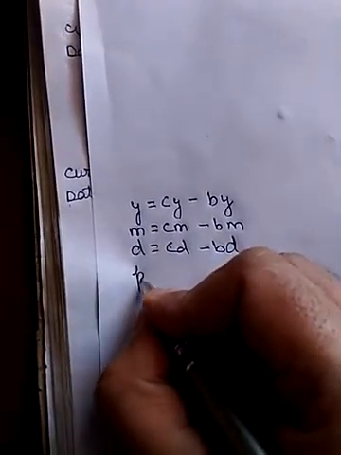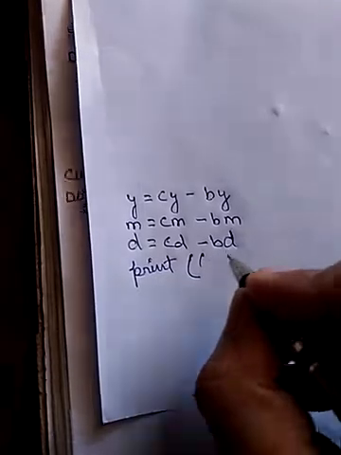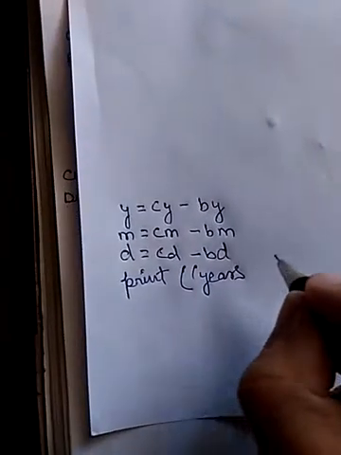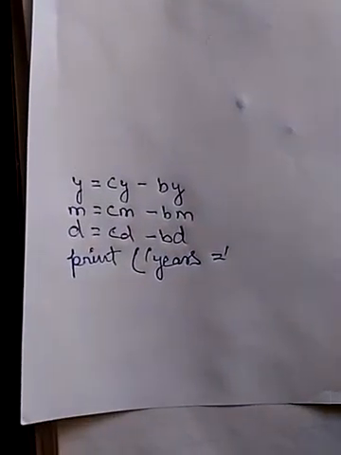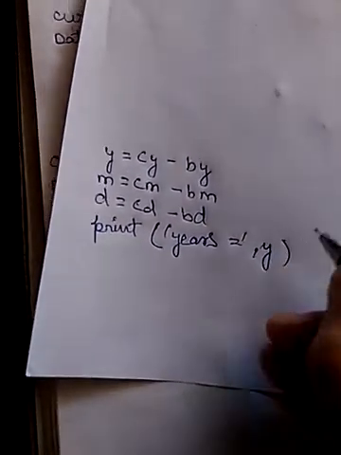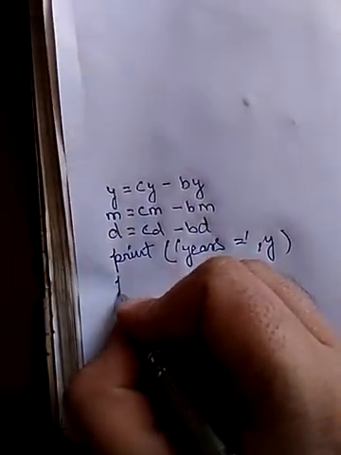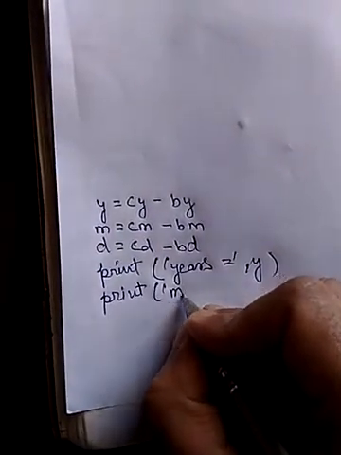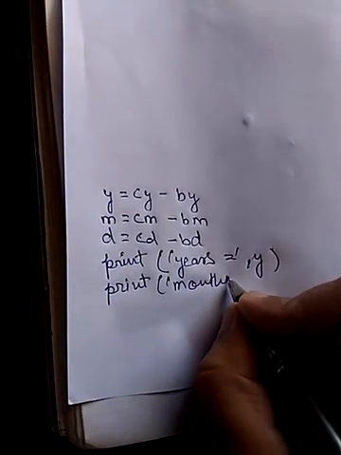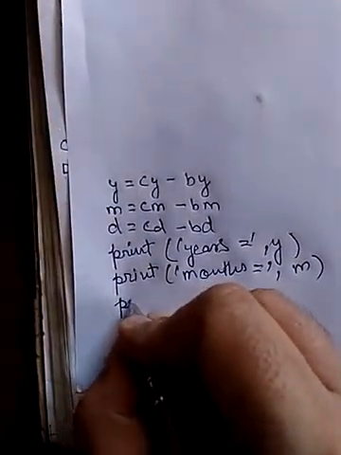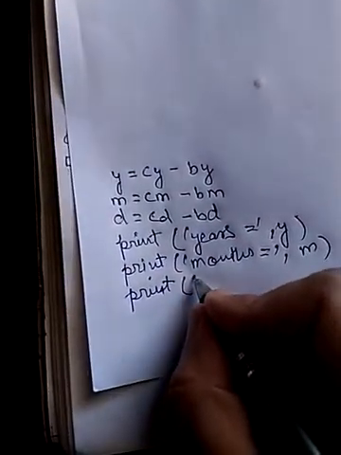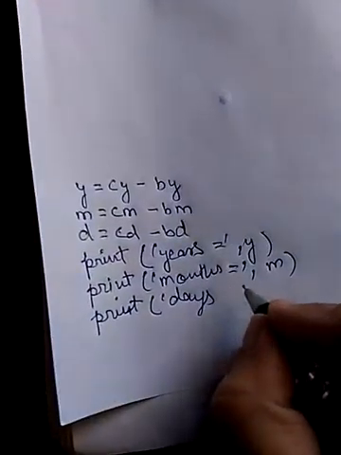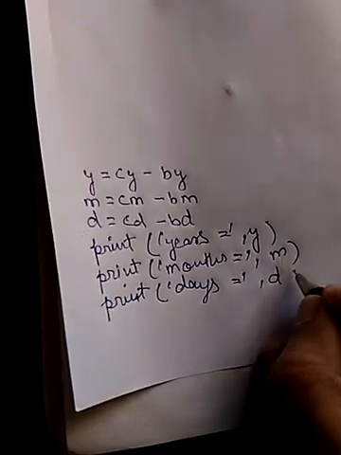After that, we will print years, y, print month, m, print days is d.